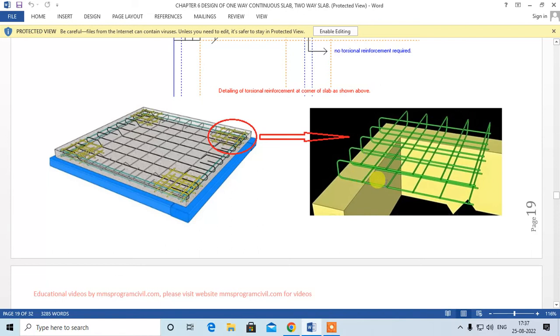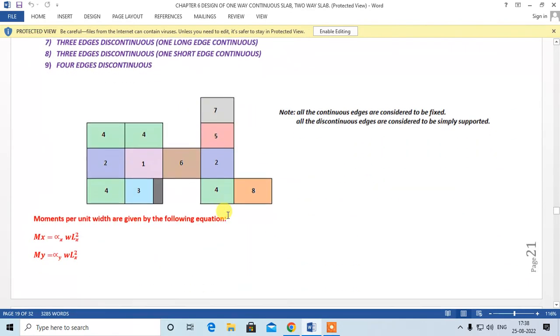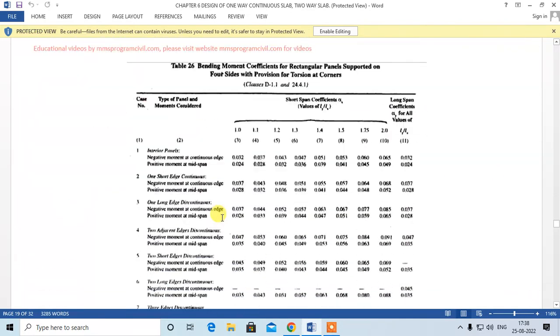And same thing, now we are having a continuous edge. The slab is continuous on one side. There is another slab over here also. One slab is over here, one slab is over here, one over here also. So the same thing is to be repeated over here also, right? So this is how you will get the steel detailing for the continuous edge, right?